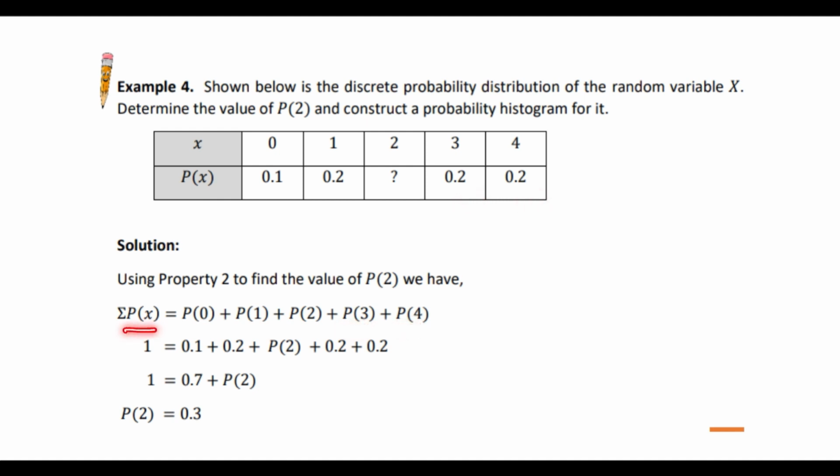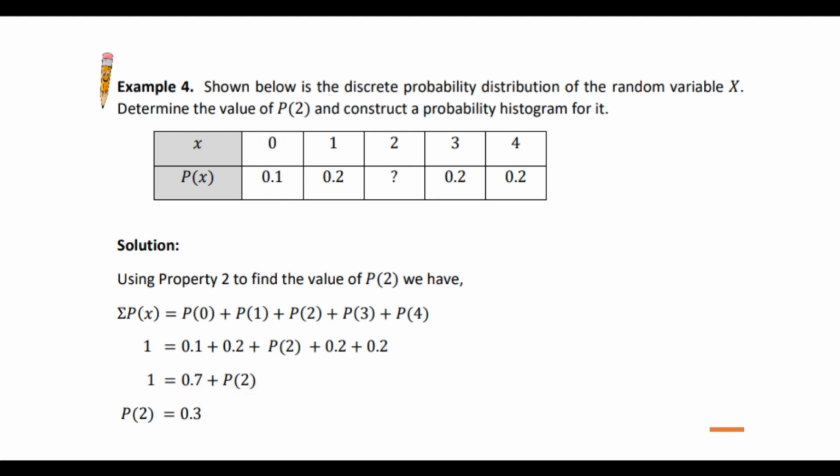Since the summation of P of X is always equal to 1, then 1 is equal to the probability of 0, which is 0.1, the probability of 1, which is 0.2, plus the probability of 2, which is unknown, so just bring down P of 2, plus the probability of 3, which is 0.2, and plus the probability of 4, which is 0.2. So adding this, that is now equivalent to 1 equal to 0.7 plus P of 2.